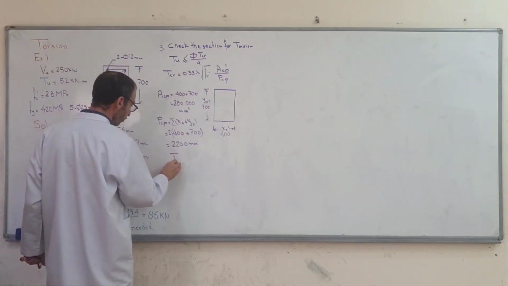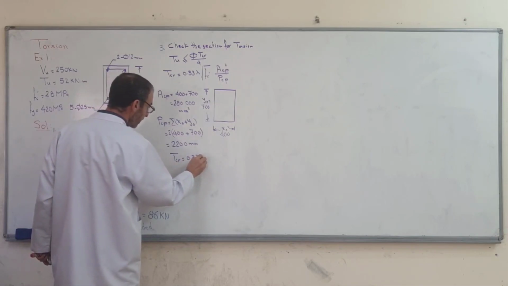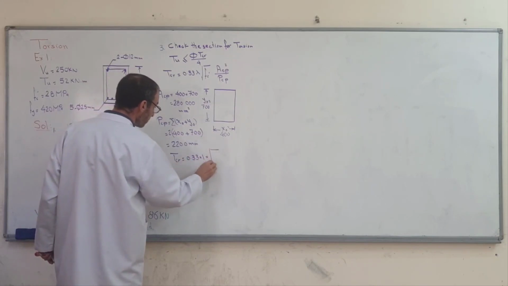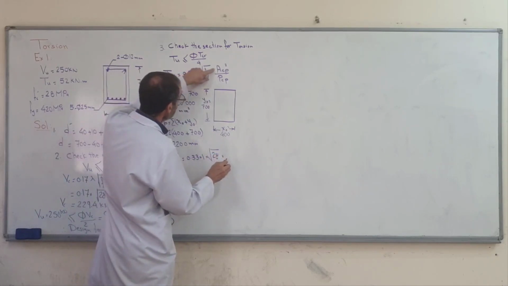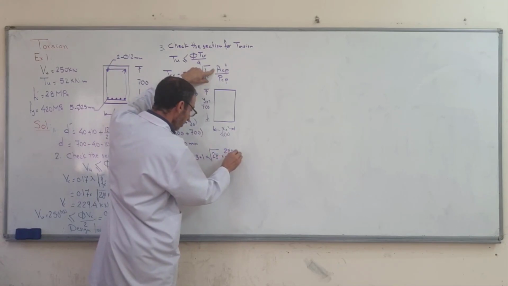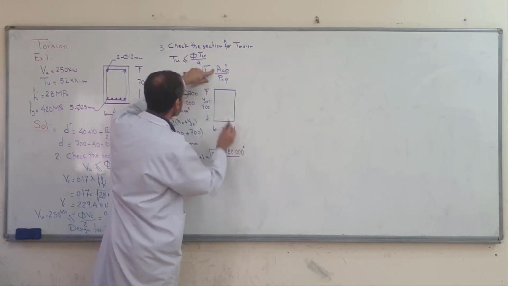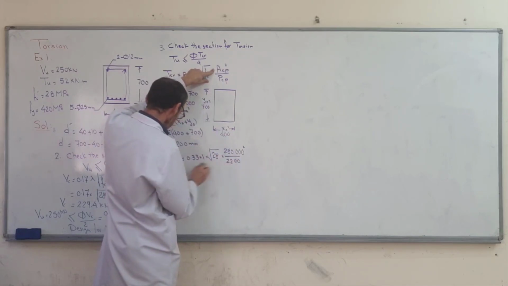T crack equals 0.33 times lambda equal to 1 times square root of f'c, 28, times Acp squared, 280,000 squared, over Pcp, 2200.